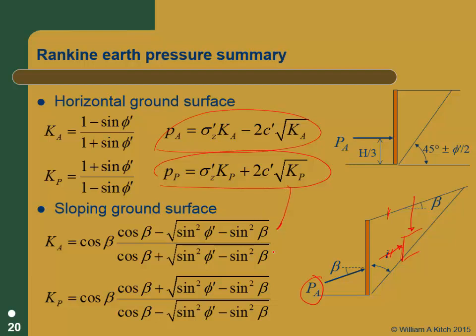This equation still applies down here, except that PA is not horizontal, it's parallel to the ground surface. There's a lot of confusion in that. Some people assume that if you multiply the vertical stress times Kp, you're always going to get the horizontal stress, but not the way we defined it. The active earth pressure coefficient, which is the same for Rankine and Coulomb, is defined as the ratio of the vertical stress to the resultant earth pressure, and it's only horizontal when the ground surface is horizontal.